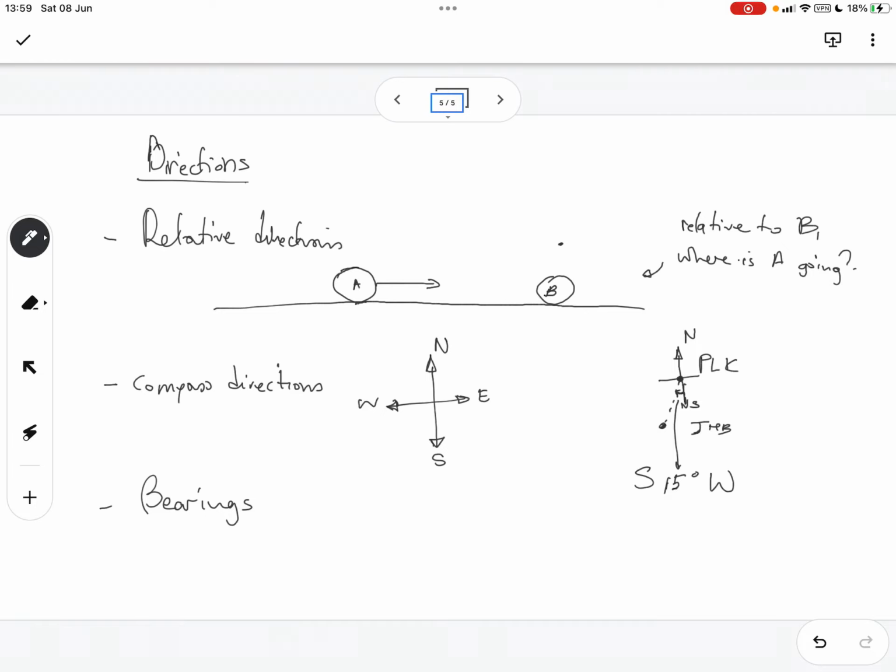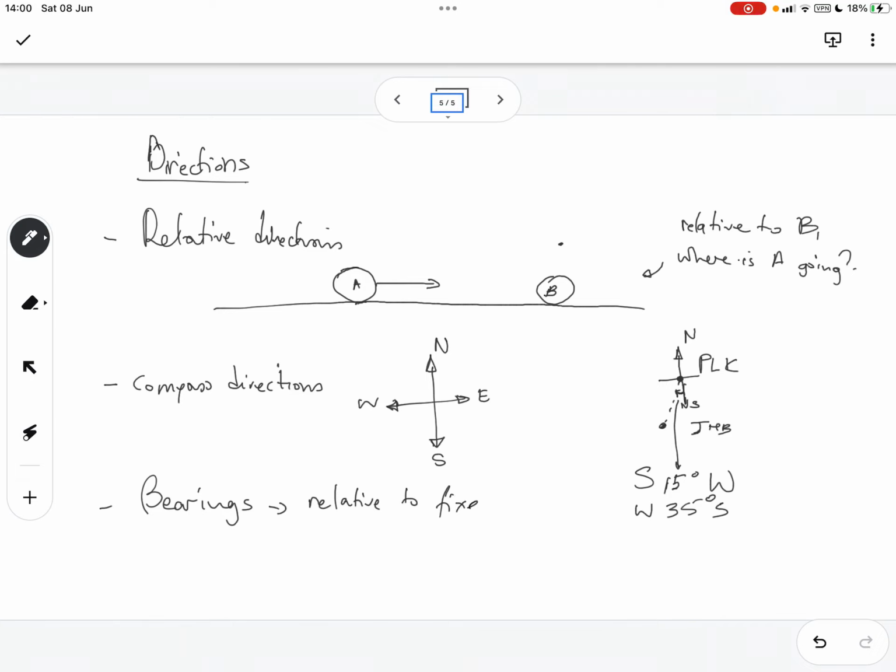So when you're at Polokwane traveling to Joburg, you would travel south and then 15 degrees west. Yeah, so it'd be south, 15 degrees west. Or it would be west, 35 degrees south. Either is fine.